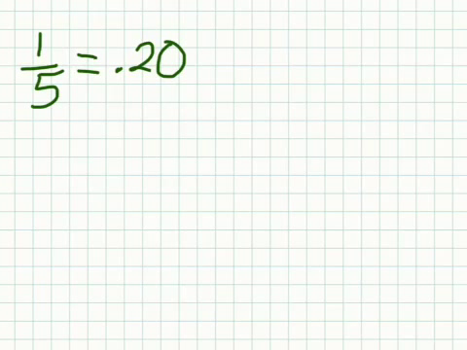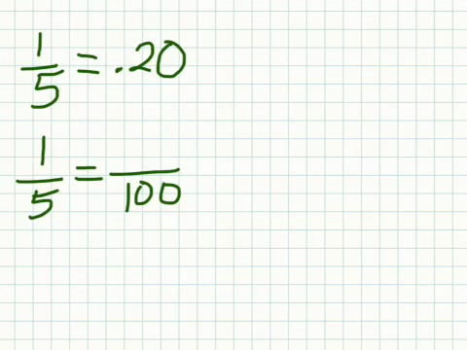There's another way of thinking about it that I didn't even know until this year, and it's really cool. Okay, here we go. Let's change 1/5 into an equivalent fraction with 100 as the denominator. Why would we want an equivalent fraction when we're trying to get to a decimal?